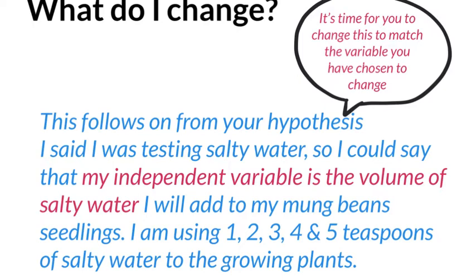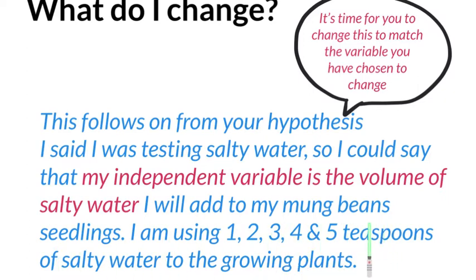Alright, so I've added 2 sentences here. And you could start the sentence off exactly as it starts off in your sample report. And you could say that your independent variable is whatever you've decided. And then notice my second sentence here is about telling the person what I'm going to do.